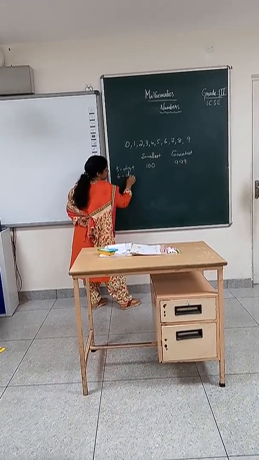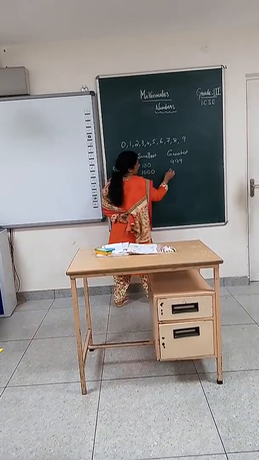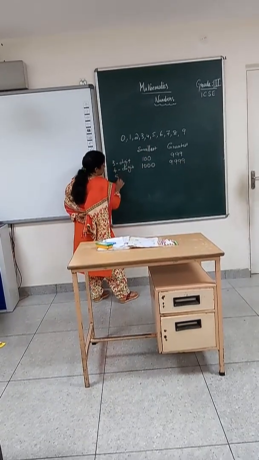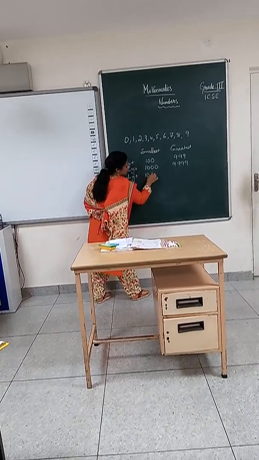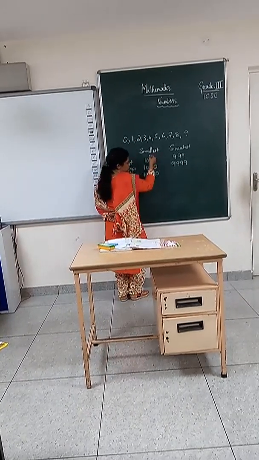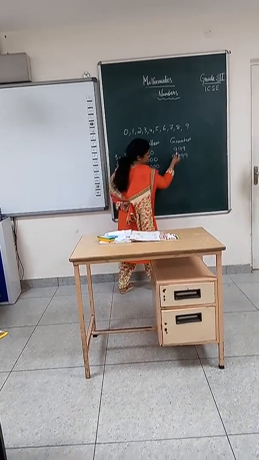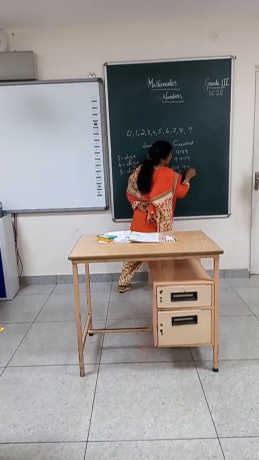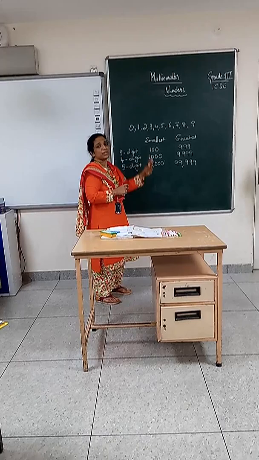The smallest 4 digit number is 1000 and the greatest is 9999. The smallest 5 digit number is 10,000 and the greatest 5 digit number is 99,999. So children, we have learned this in the previous class.